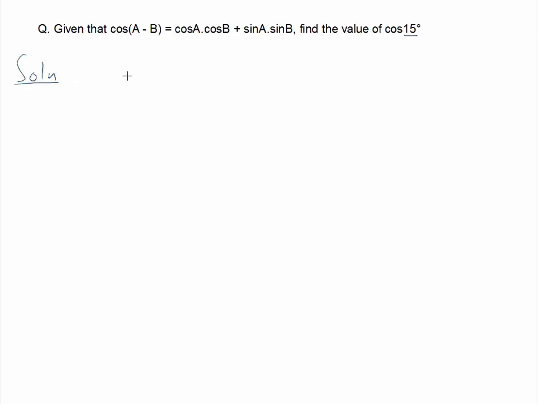So by observation we can see that cos 15 degrees is equals to cos. Now 15 degrees can be written as 45 degrees minus 30 degree, or we can write this as 60 degree minus 45 degree. Now we can apply the formula.